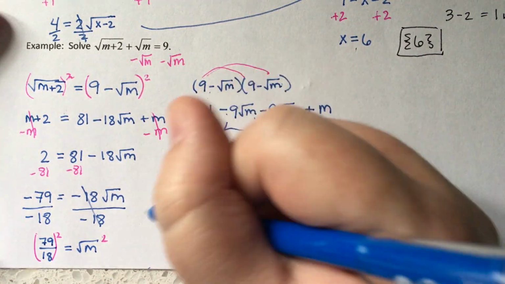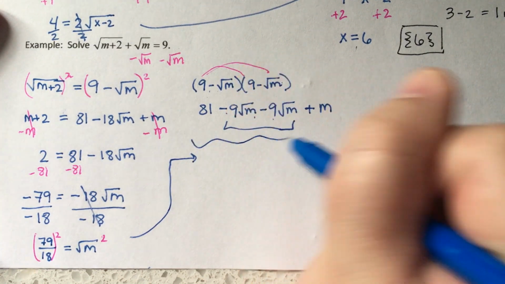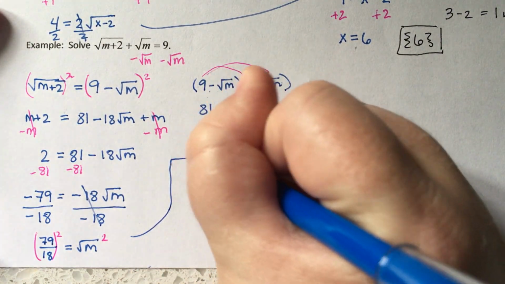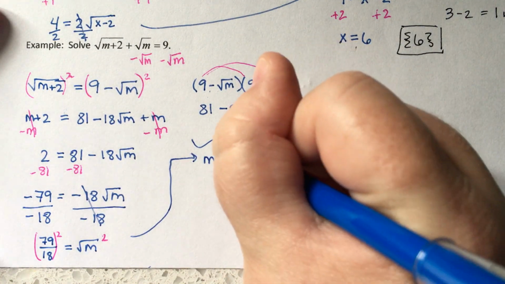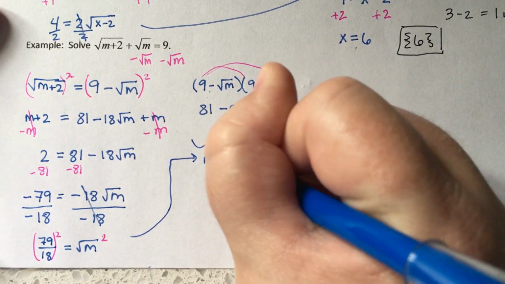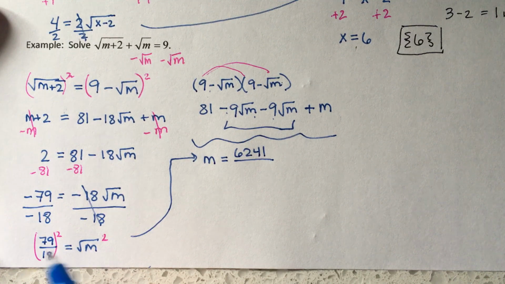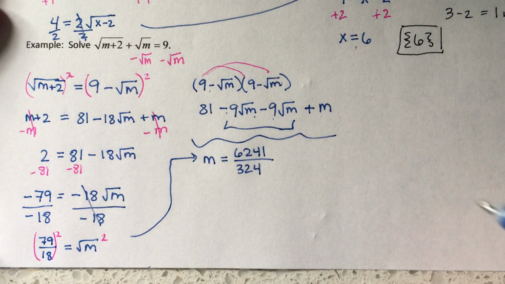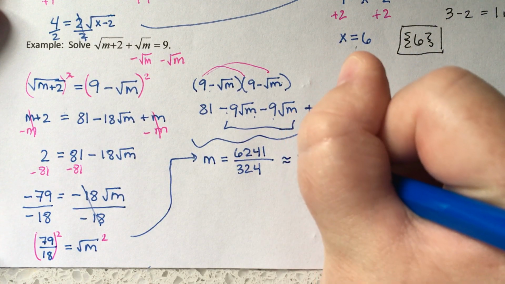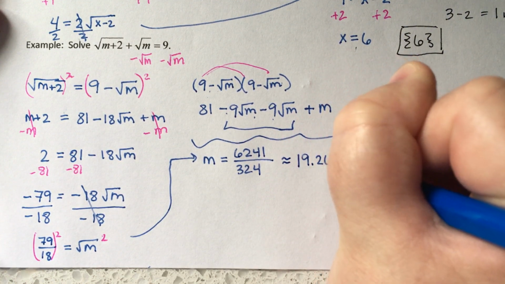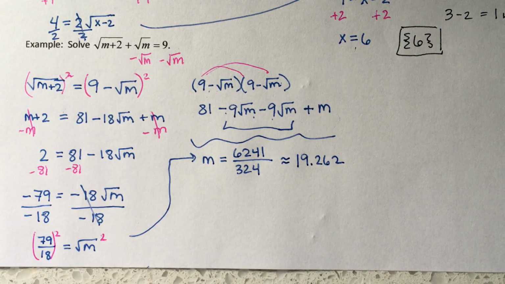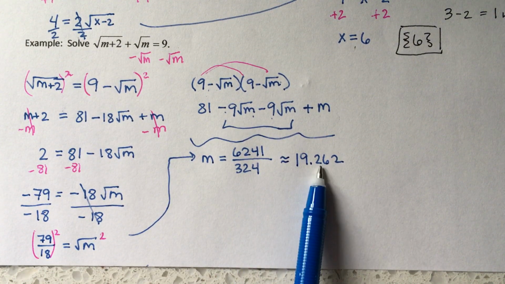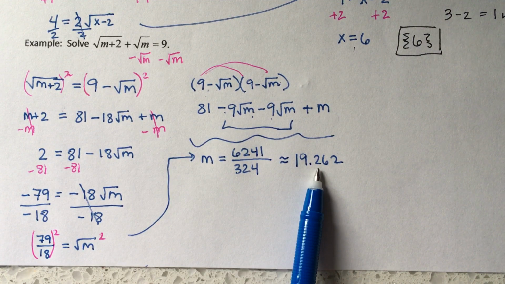So when I do that, I get that m equals 79 squared is 6,241, 18 squared is 324, and at that point I did use a calculator and I found that that's close to 19.262. So that's the exact value, that ugly fraction. The approximation is from the calculator.